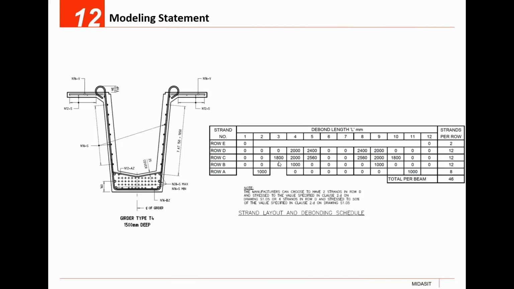And for the row C or the middle one, we have a debond length of 1.8 meters, 2 meters, and then 2.56 meters at the third, fourth, and fifth tendons as well as on the other side. And then for the fourth row, we have a debond length of 2 and 2.4 meters for the fourth and fifth tendons. So let's see how it is reflected in the detailed input for the tendon layout.